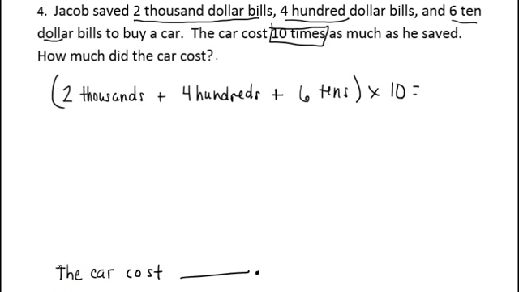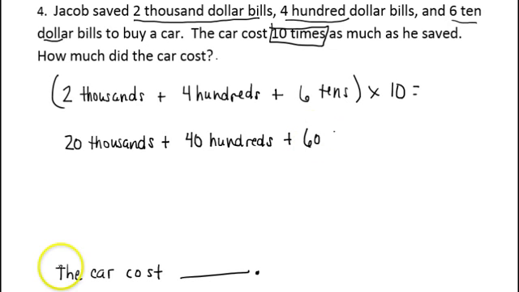Well, 2,000s times 10 would be the same as 20 thousands, since 2 times 10 is 20. 4 hundreds times 10 would be the same as 40 hundreds. And 6 tens times 10 would be the same as 60 tens.